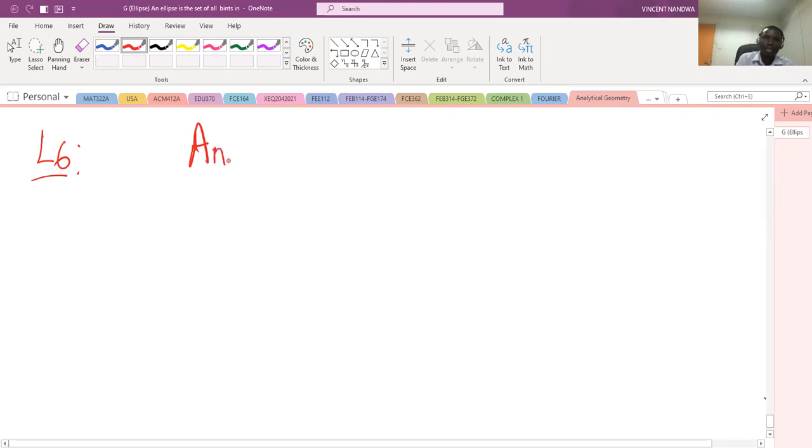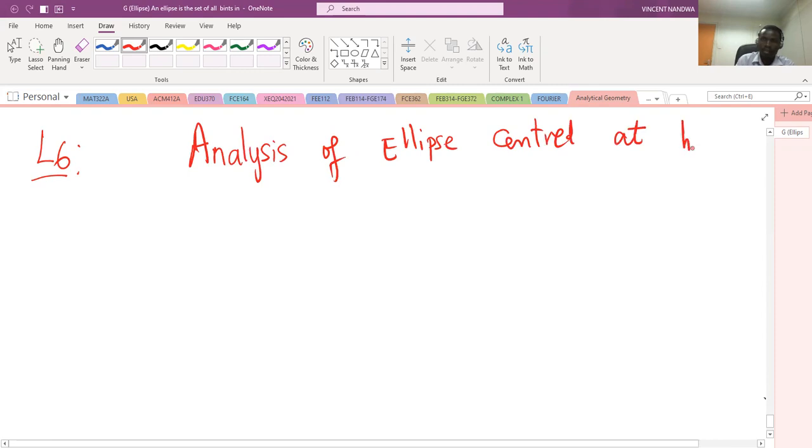So, analysis of an ellipse centered at (h, k), then major axis parallel to the x-axis.